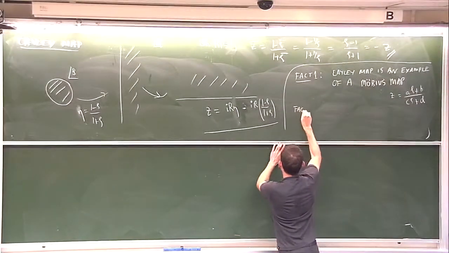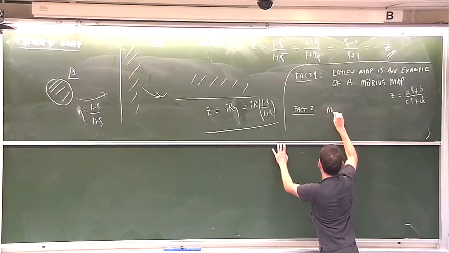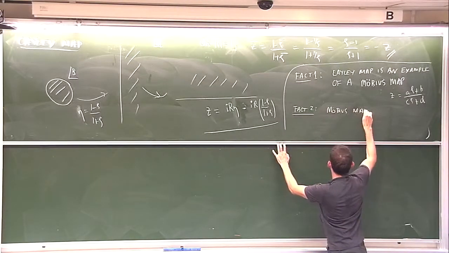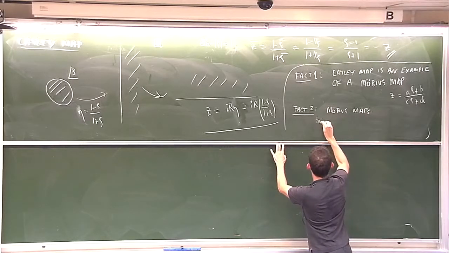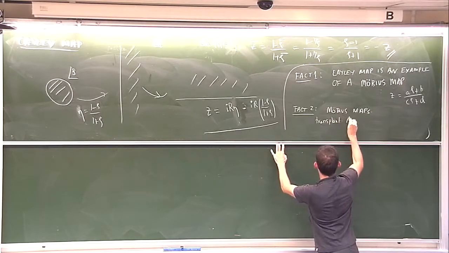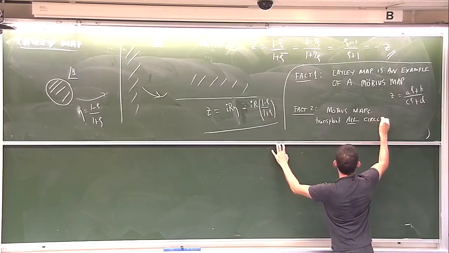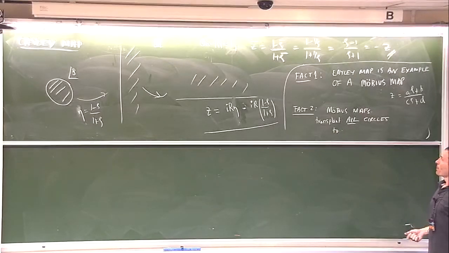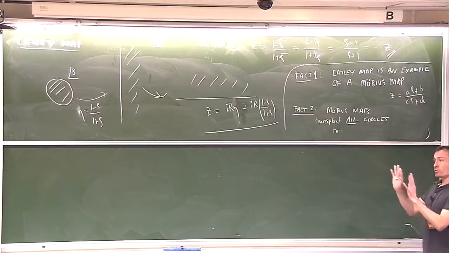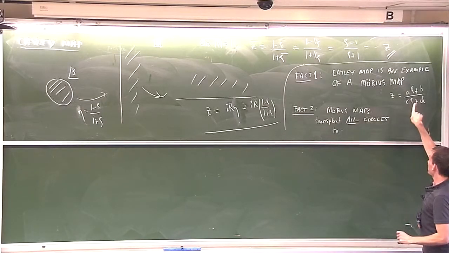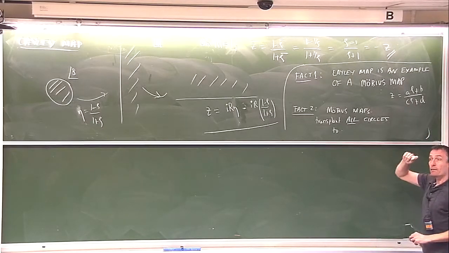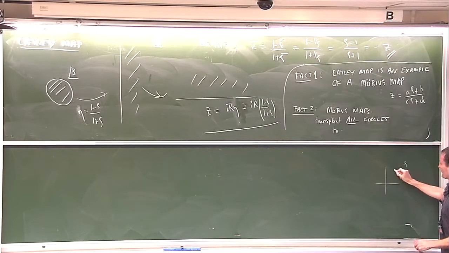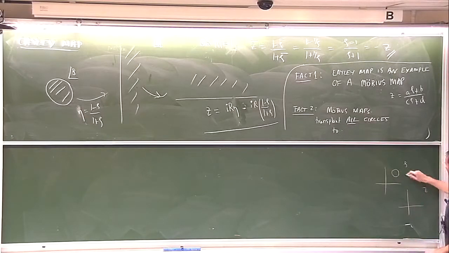Here's another fascinating fact. If I think of this as a mapping between two regions, any A, B, C, D, and then in the zeta plane I take a circle and put it through this mapping, do you know what shape the image will be?